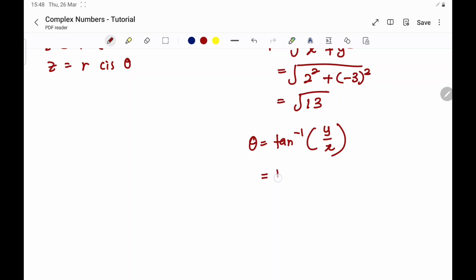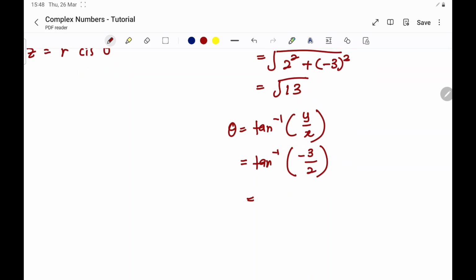Here you get inverse tangent of negative 3 divided by 2. When you use your calculator, you get negative 0.982 in radian. Better you round this off to 0.983, same also for question 1.